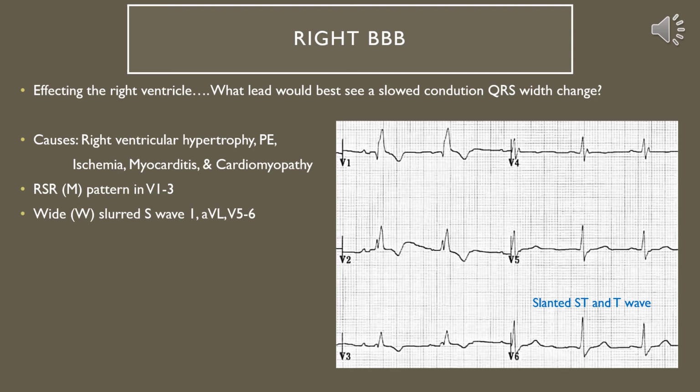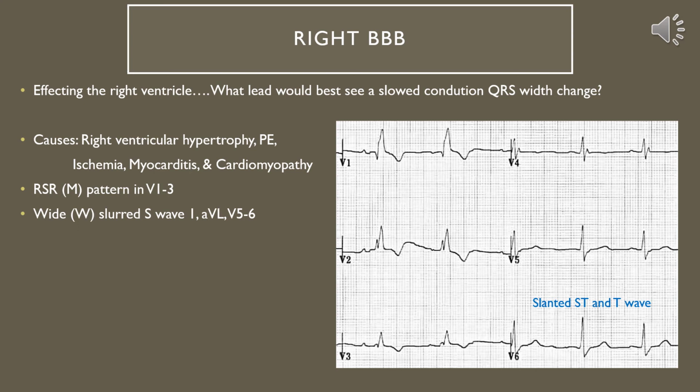Since it's depolarizing abnormally, the EKG will be seen with a right ventricular lead 1 generally. And in those leads 1, 2, and 3, when you're looking at those, you'll generally see an M-shaped RSR pattern, and you can see it best in V2 here in the picture. It has that M-shaped complex, whereas for a right bundle branch block, we'll generally see a slurred S wave or a W kind of formation.